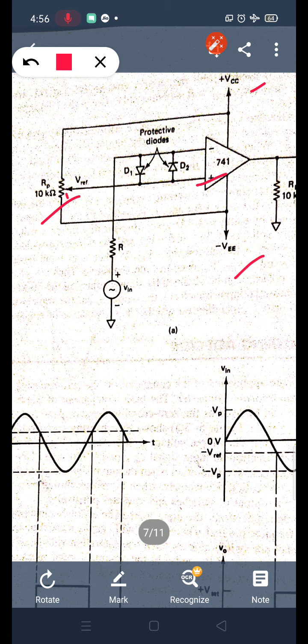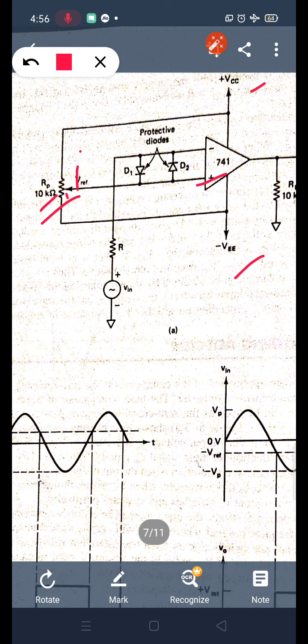Similarly, if the wiper is moved towards plus VCC, then V reference becomes more positive. Thus, a V reference of a desired amplitude and polarity can be obtained by adjusting the 10 kilo ohm potentiometer as shown in the figure.